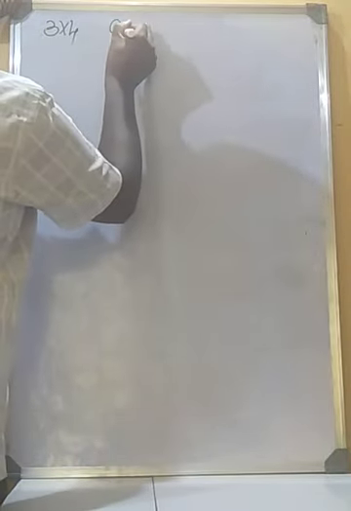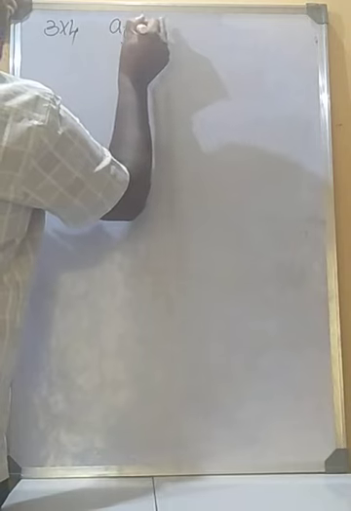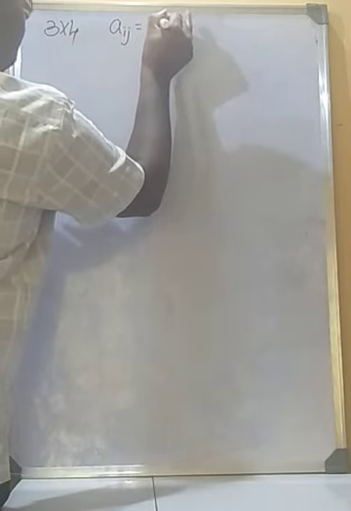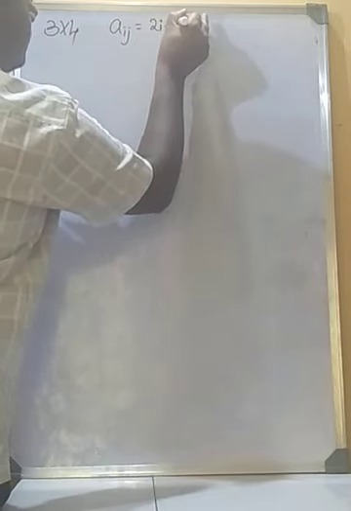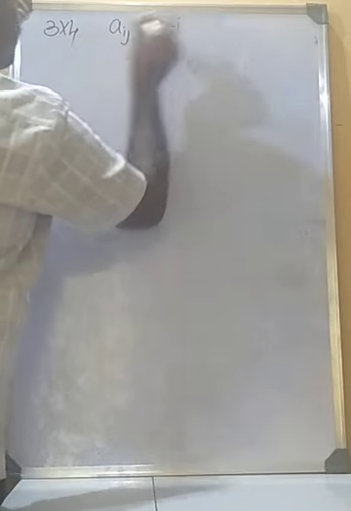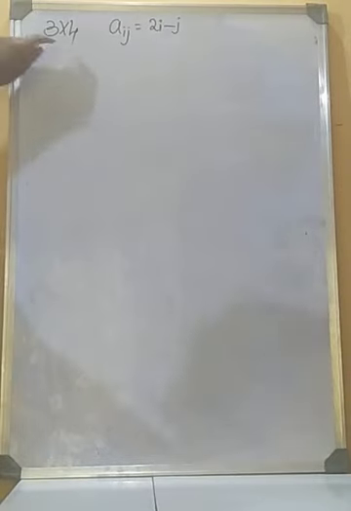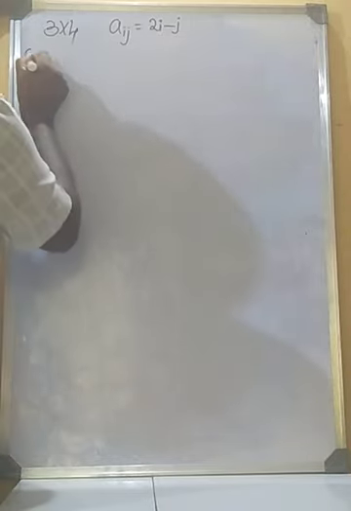Now one more example: construct a 3 cross 4 matrix whose elements are given by Aij is equal to 2i minus j. Construct 3 cross 4, 3 rows and 4 columns.